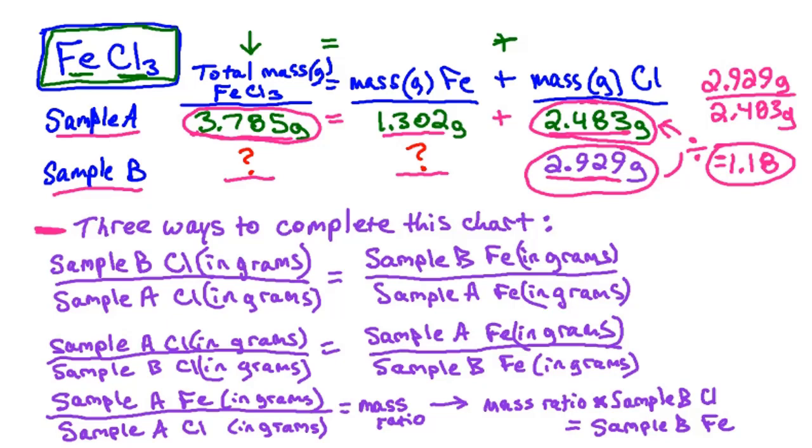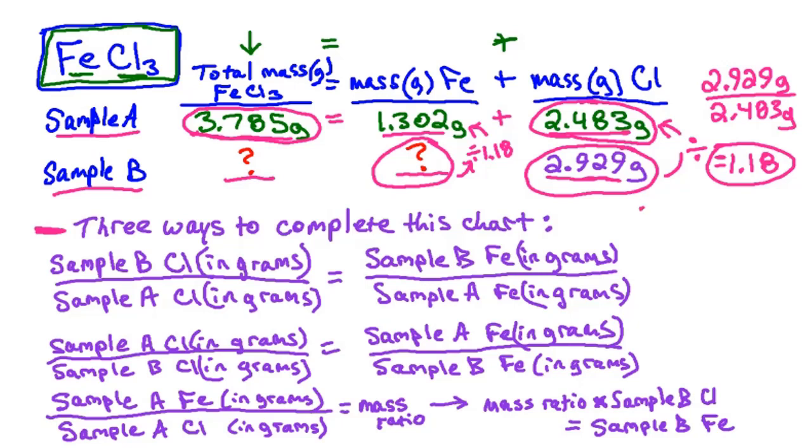So if the mass in sample B divided by 1.18 equals the mass in sample A for chlorine, then we can do that same thing for iron. Whatever the mass in sample B of iron is, if you divide that by 1.18, you're going to get 1.302 grams.